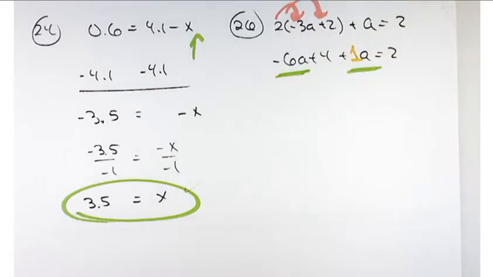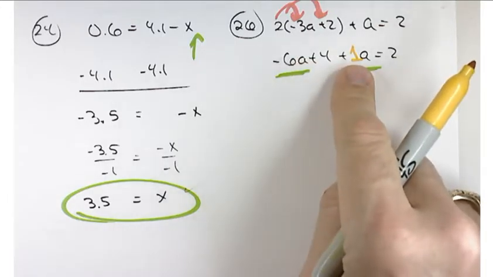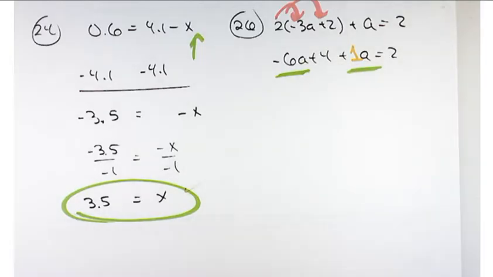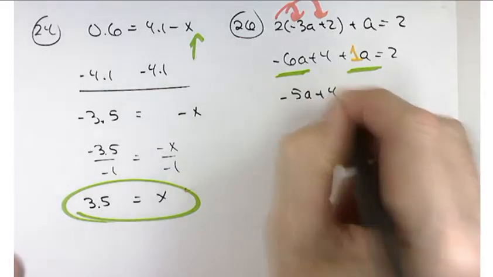So when I combine the like terms, how many a's do I have? Negative 5. Negative 6 plus 1 is negative 5. Let's rewrite that. Negative 5a plus 4 equals 2.